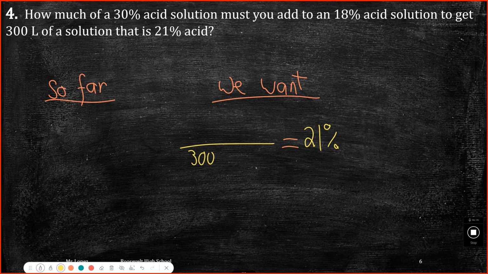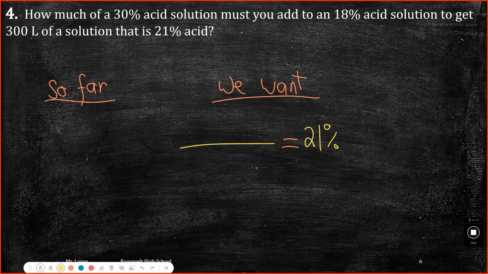How much of a 30% acid solution must you add to an 18%? It can't be 300 because that's the total. Let's go like this. What we do know is the total at the end is 300, of this added to this, the 30 and the 18.